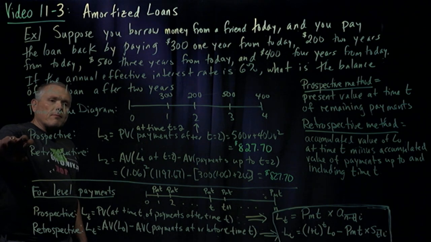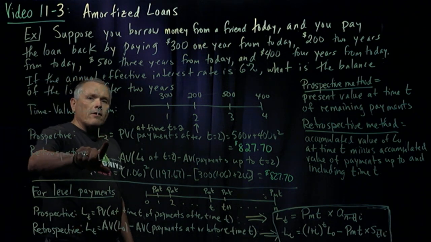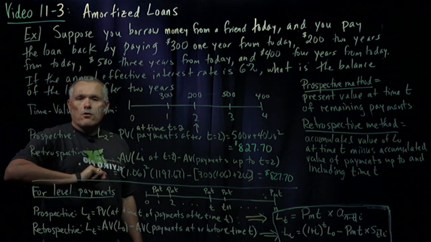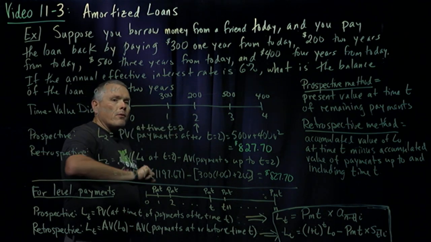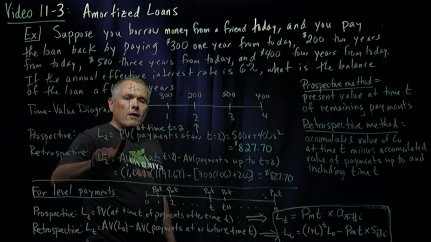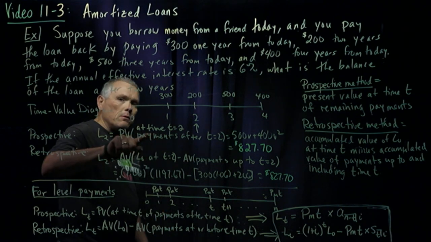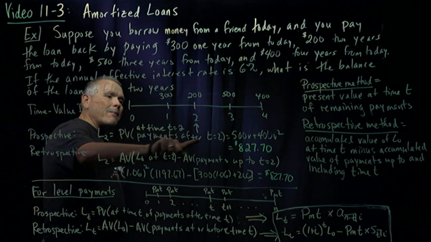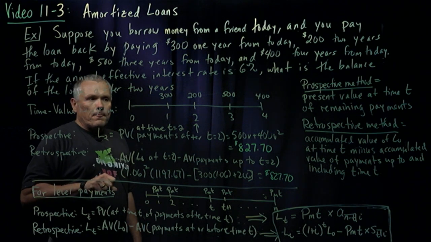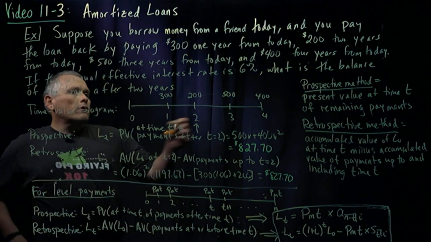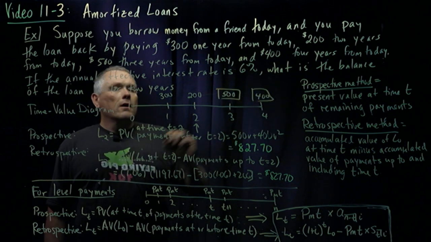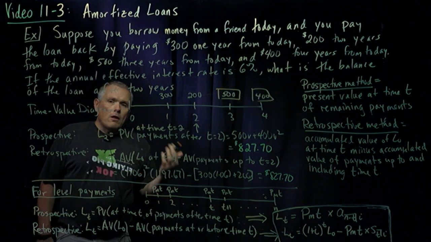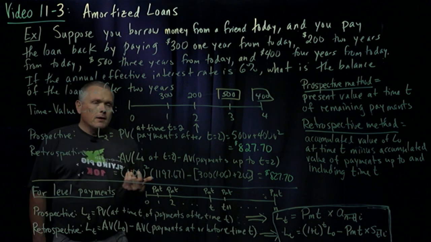Using the prospective method, if we want the loan balance after 2 years, so this L sub 2 notation, that's the present value at time t equal to 2 of the payments after t equal to 2. Well, we know that there are 2 payments remaining after time 2. Those are the payments of $500 and $400 respectively.